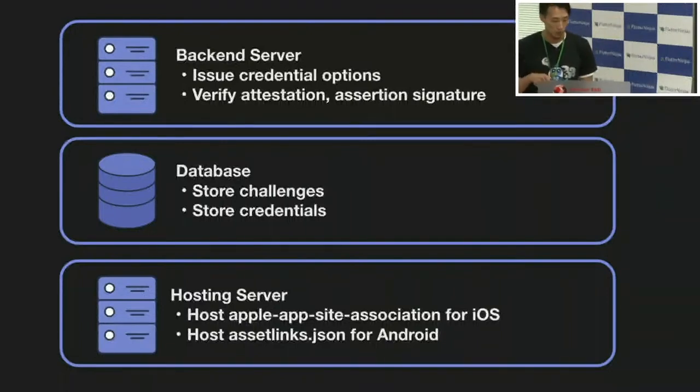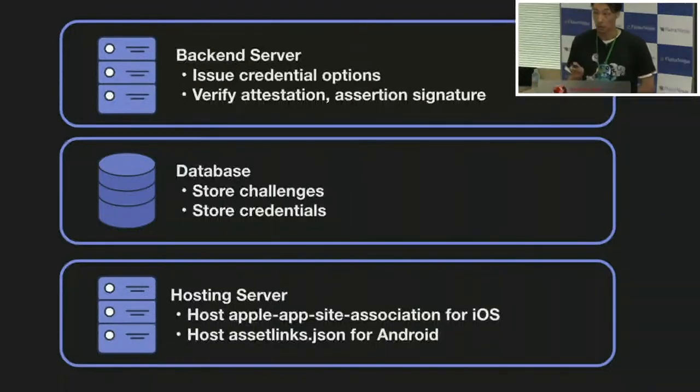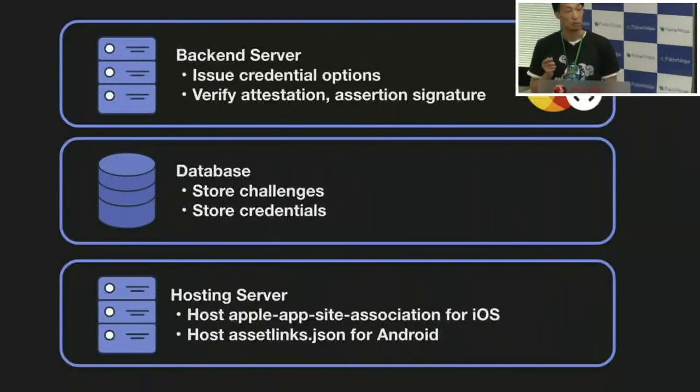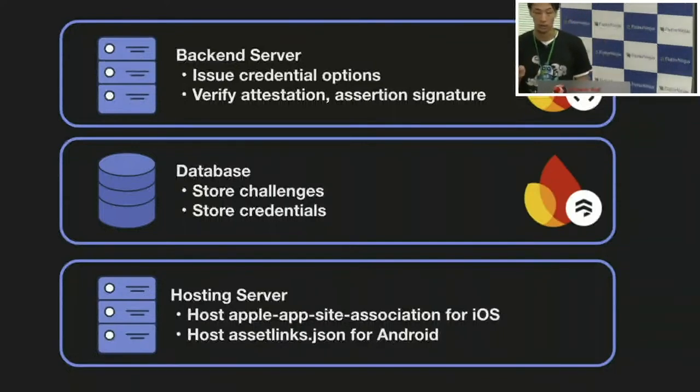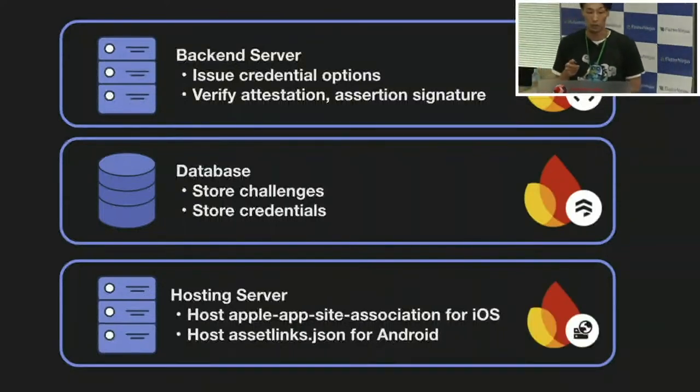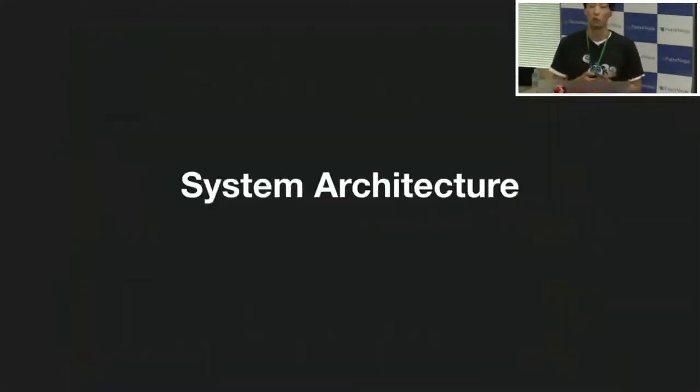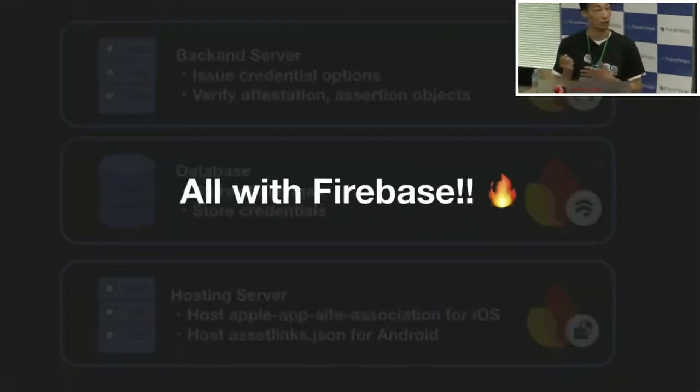We can build this from scratch, but that's too much work when we're working alone. So how about we use Firebase Functions for the backend logic, Cloud Firestore for the database, and Firebase Hosting as a hosting server. Wow, we can implement it all with Flutter. Flutter and Firebase. Yes.